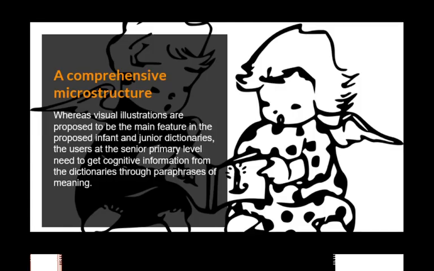So a comprehensive microstructure, whereas visual illustrations are proposed to be the main feature in the proposed infant and junior dictionary, the users at the senior primary level need to be cognitive of information from the dictionaries through paraphrases of meaning.